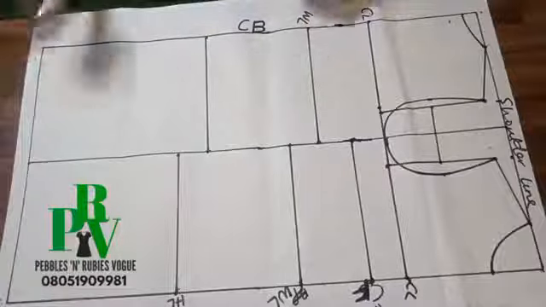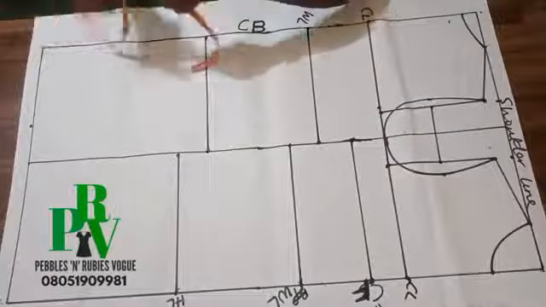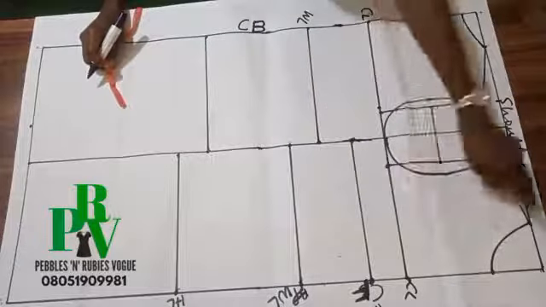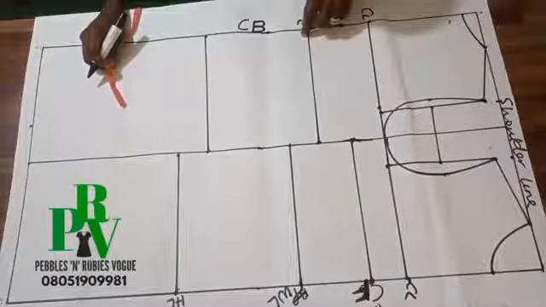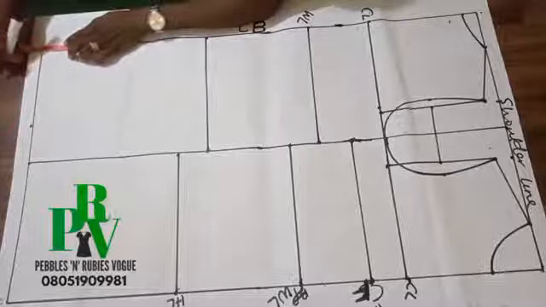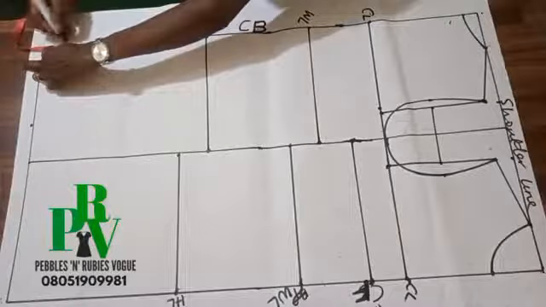And then from the hemline, this is the hemline, the end of the gown. For the back block, remember the front length is 15 inch. That is shoulder to waist for front is 15 inch. Shoulder to waist for back is 13 inch. So 15 minus 13 will be 2 inch. So I'll come to the hemline of the back block and move up by 2 inch.